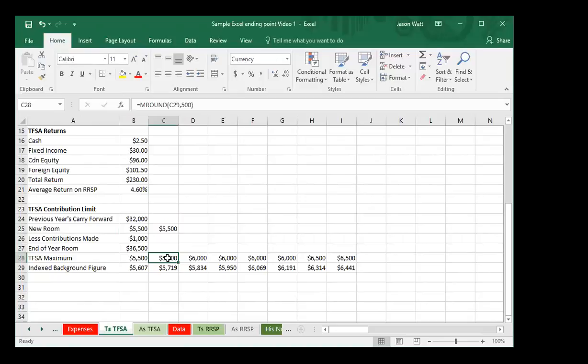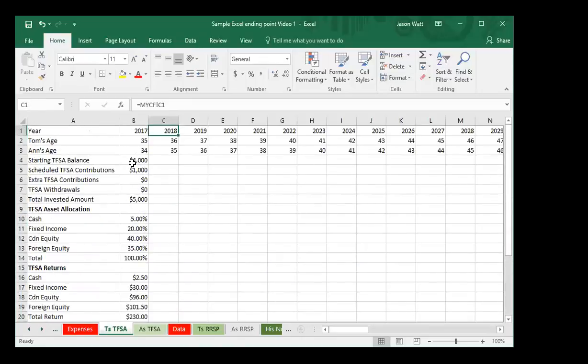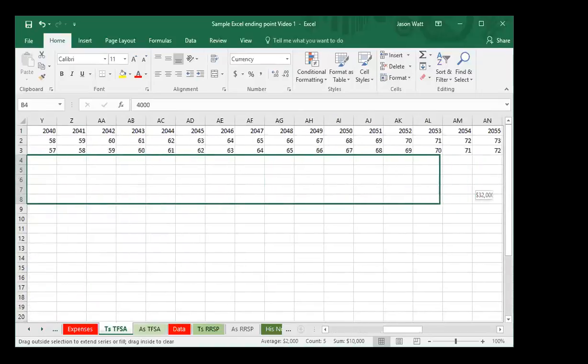This is just something sitting in the background, so it's not a huge thing. Sorry, I want to do my previous years. Carry forward, or sorry, this amount's going to be based on that amount right there. And we don't have any contributions made yet, so we can plug that all in, carry that all the way across.